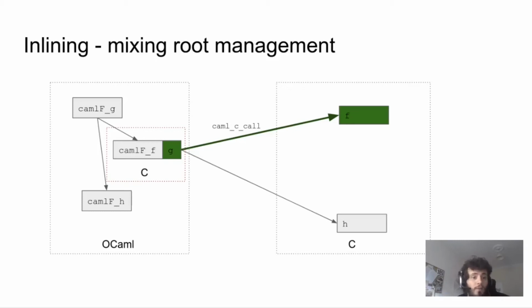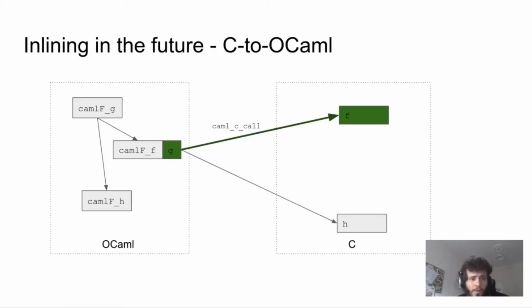In caml_ff, we are left with a mess. The function now tracks heap roots using both caml_value and an explicit root management mechanism specific to C. In the future, we aim to address this problem by moving roots over to the caml_value mechanism.